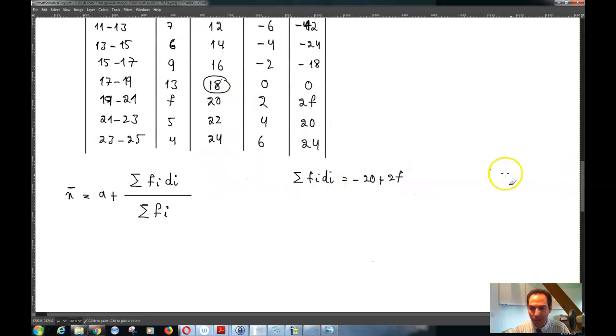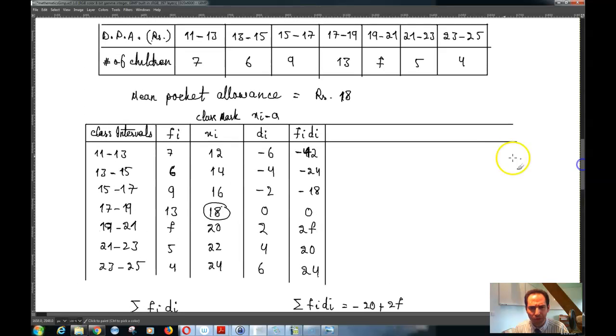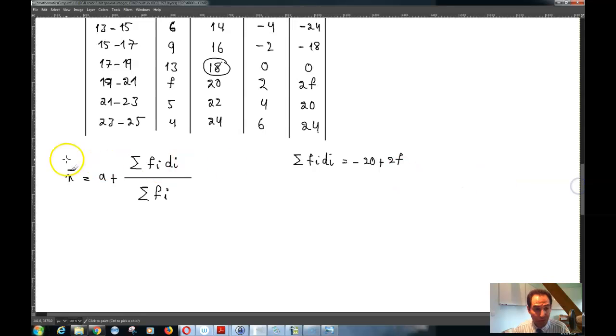I know that my mean pocket allowance is 18 rupees, so that means that my x bar is equal to 18. So I write this as 18 is equal to 18 plus sigma f of i d of i, which is negative 20 plus 2f, divided by sigma f of i.